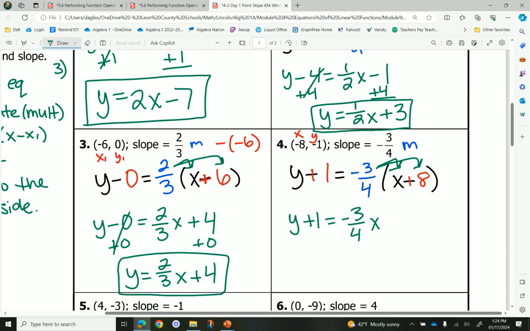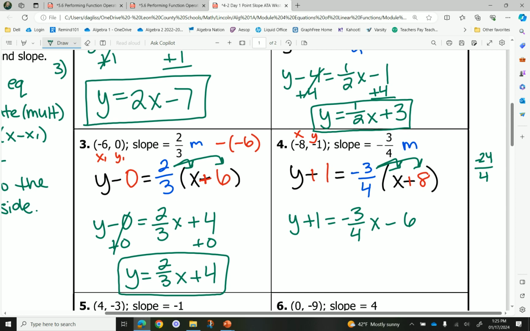Negative 3 times 8 is negative 24, and then divided by 4 gives me negative 6. Negative 3 times 8 gave me negative 24, and then we did negative 24 divided by 4. That's where our negative 6 came from.